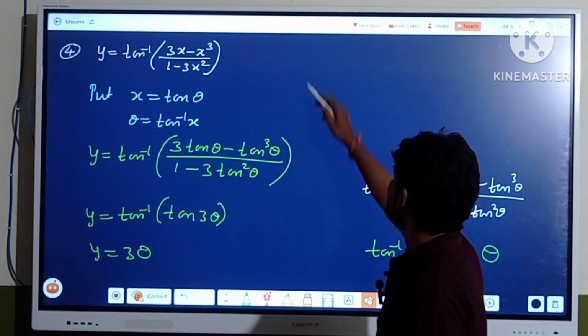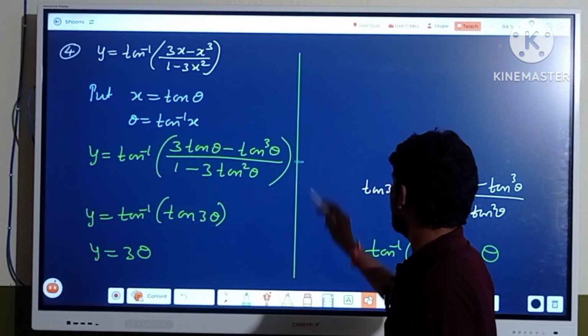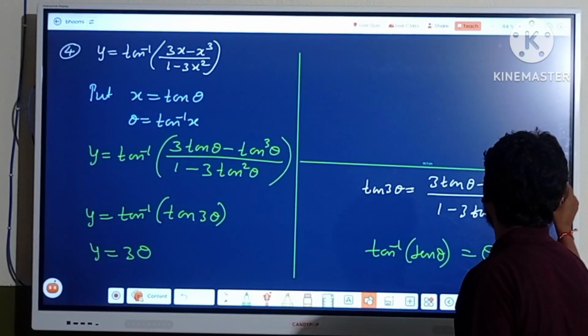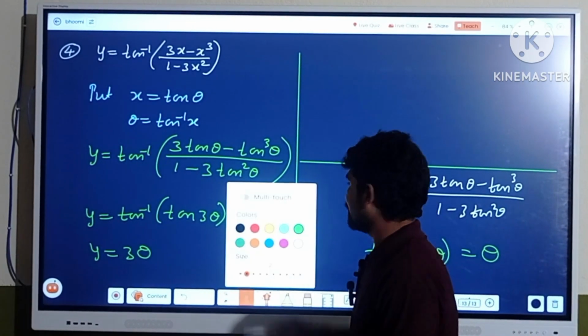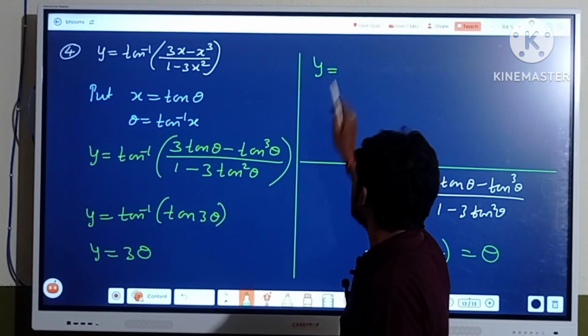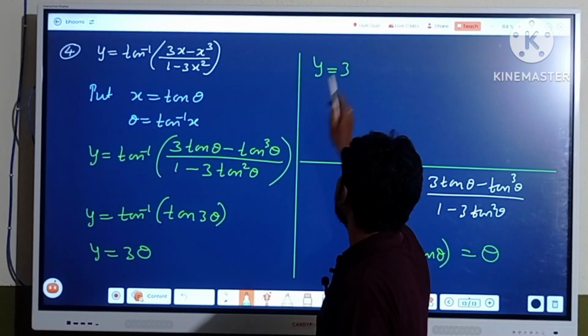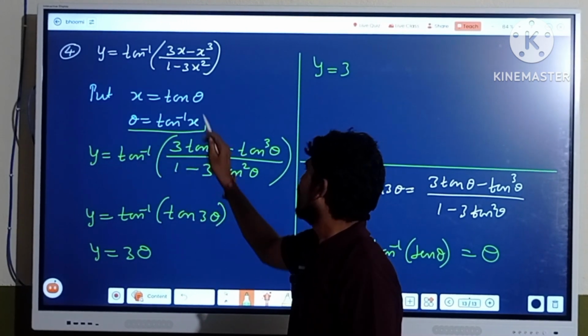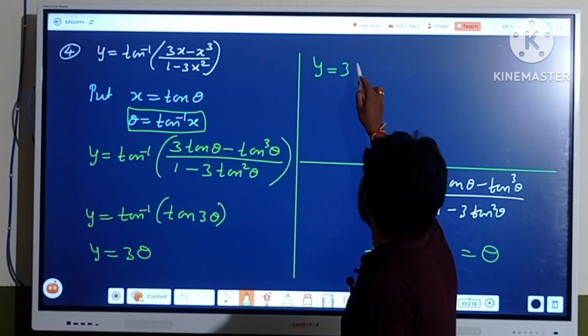Now by using the substitution, y becomes 3 into theta. What is theta? Theta is tan inverse x.